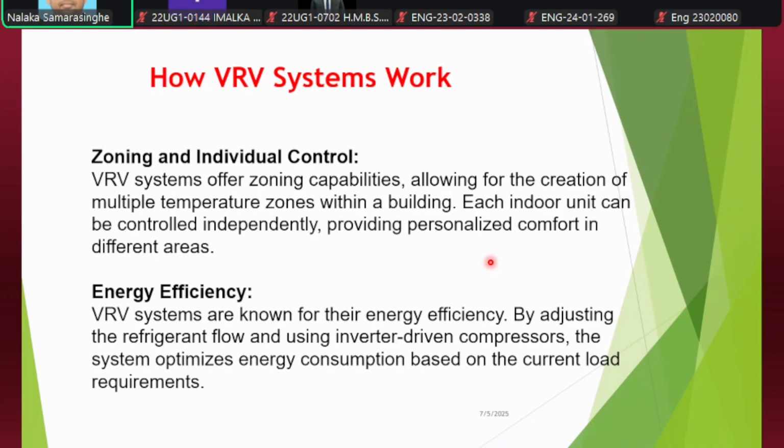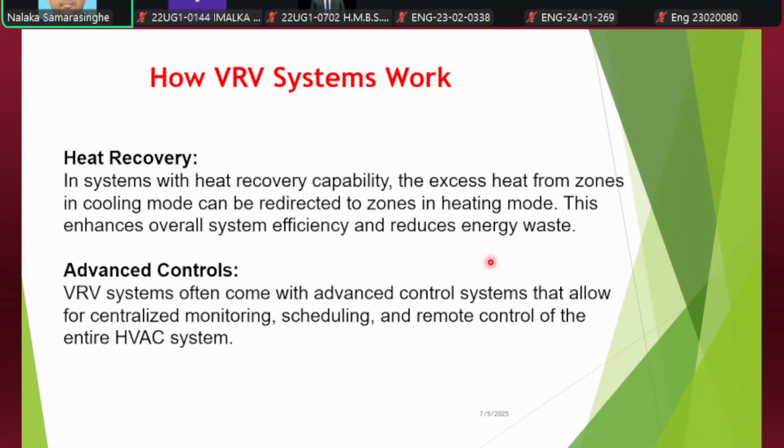As a result, the energy is optimized under these VRV systems. The heat recovery is what I have explained previously. The heat rejected from where we need to cool will be utilized in areas where we need to heat. So that's actually the heat recovery.